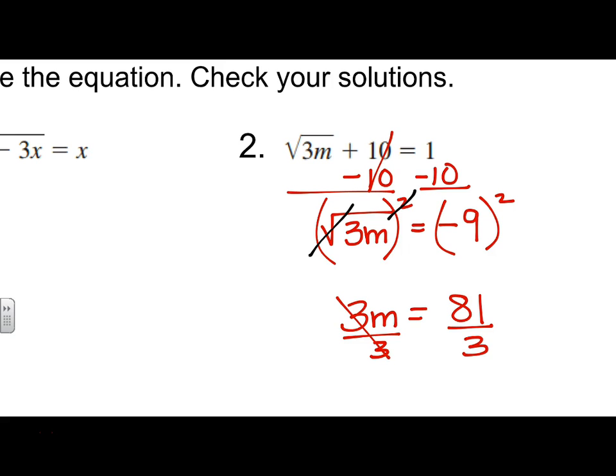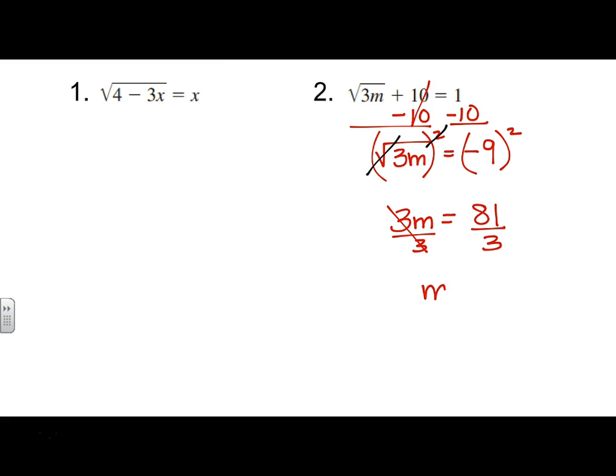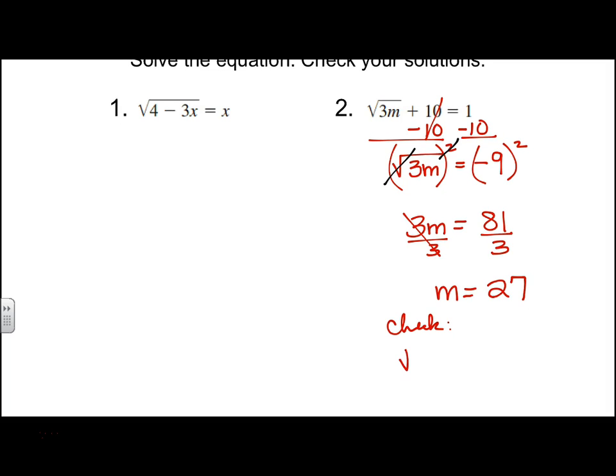And we get, now if you went to your calculators or if you did long division, good, 27. Now, this is what we think the answer is. But the problem is, whenever we use a square, we might have let an illegal one in. So we have to go ahead and check. When we check m equals 27 in the original equation, is the square root of 3 times 27 plus 10 equal to 1?